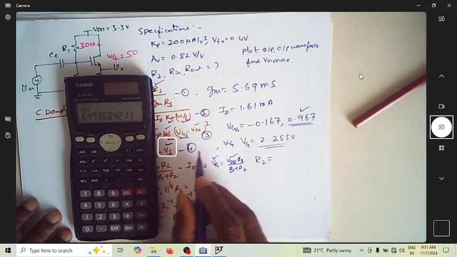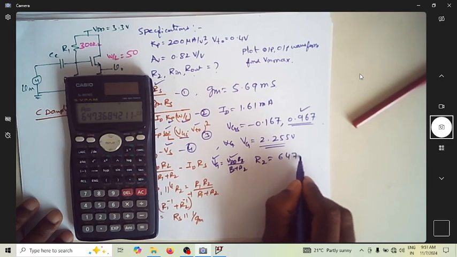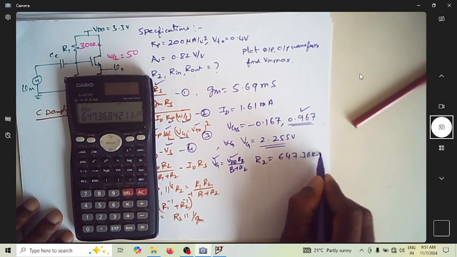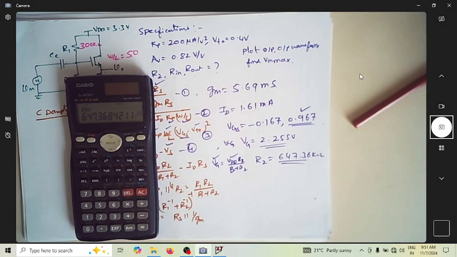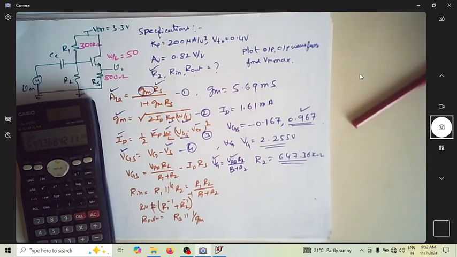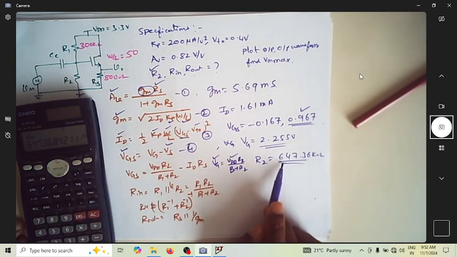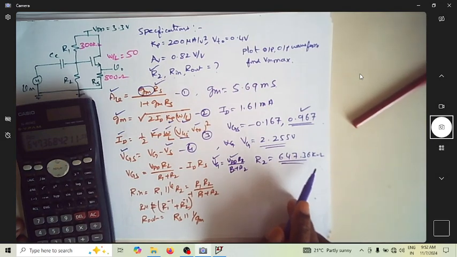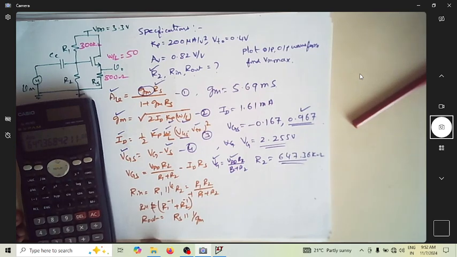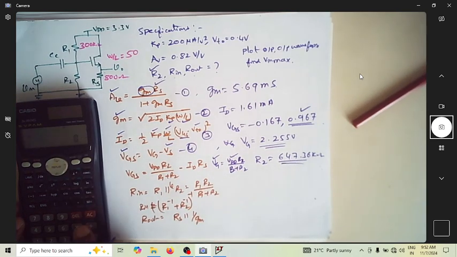So I'm getting the value of R2 as 647.36 kilo ohm. This is the value of R2. So we got one of the values that needed to be found, which is 647.36 kilo ohm. Then we are supposed to find R in, which is nothing but the parallel combination of 300k and 647k. So let me make that.